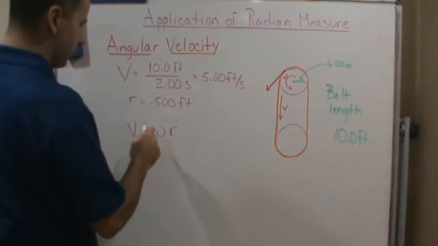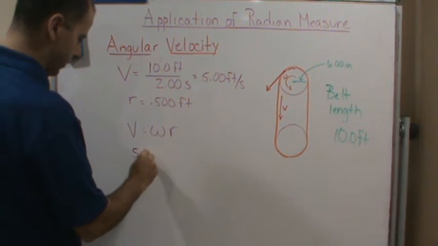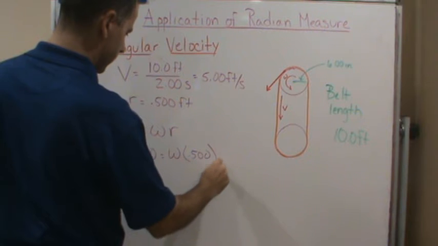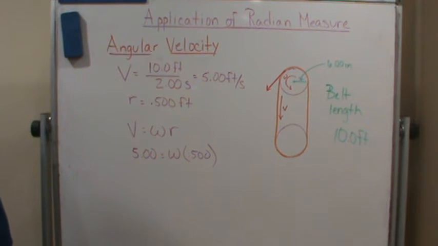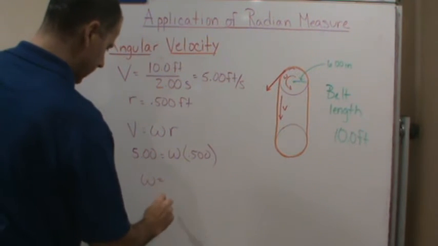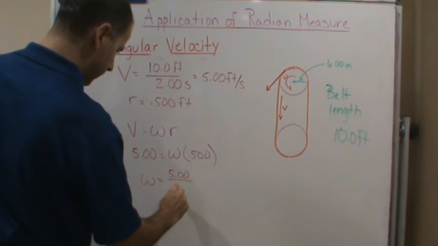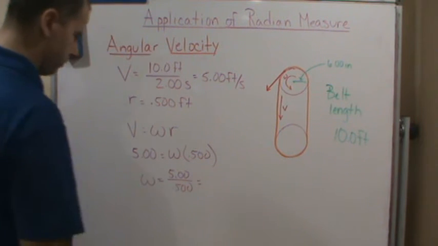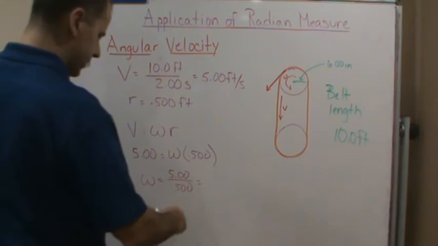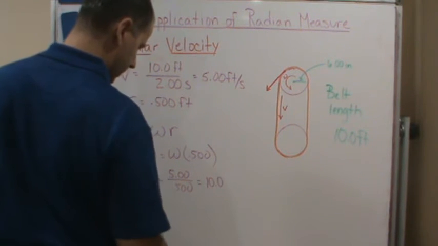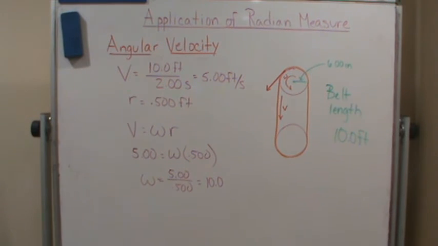So now we can substitute this in and say, okay, this is going to be 5.00 equals omega times 0.500, and so omega, the angular velocity, is equal to 5.00 divided by 0.500, which in this case is going to be 10.0, and that's radians per second.